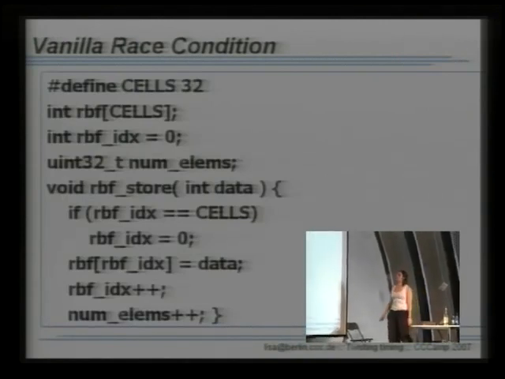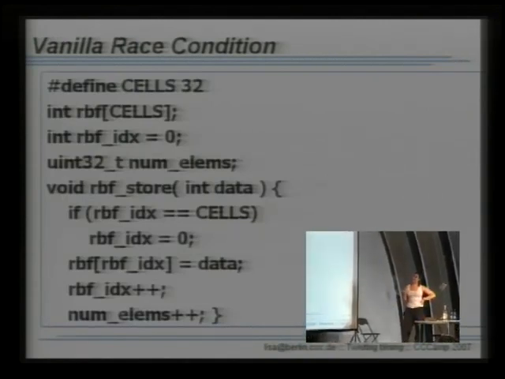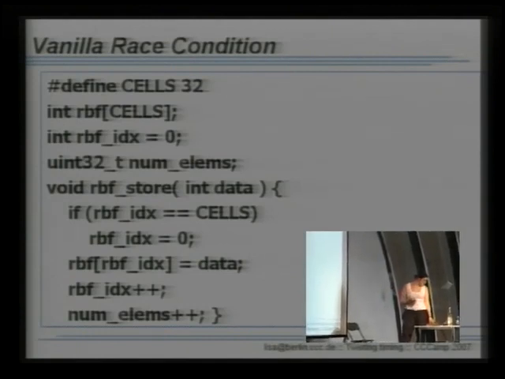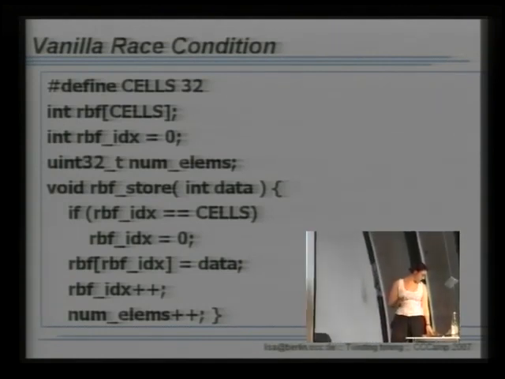So, imagine you have a ring buffer sort of structure, and you have a store procedure, which always checks whether the limit of the ring buffer is reached, and if so, it just resets the ring buffer index to 0, and stores the data and increments the counter in a number of elements, which looks fair enough, I hope.